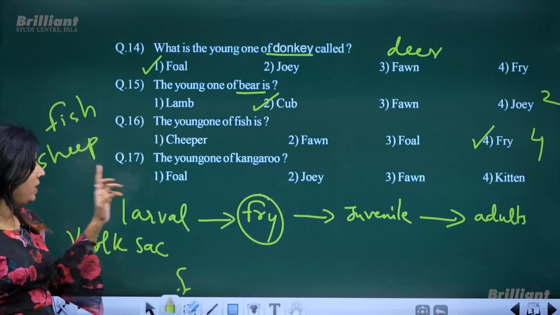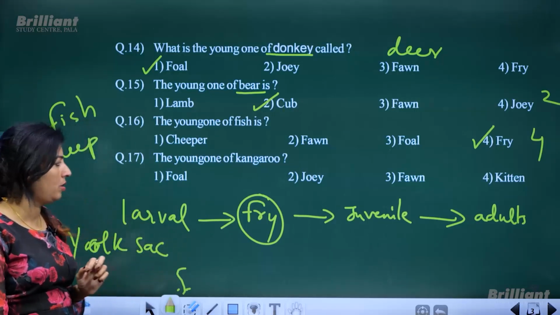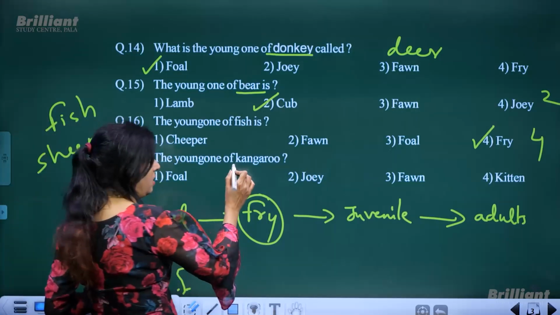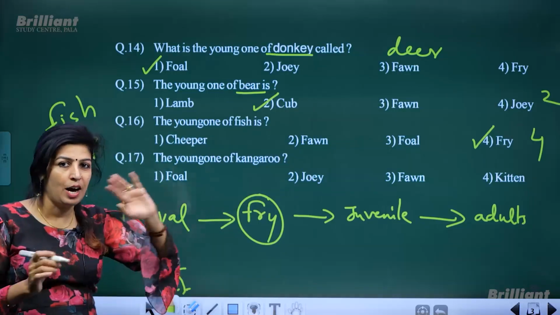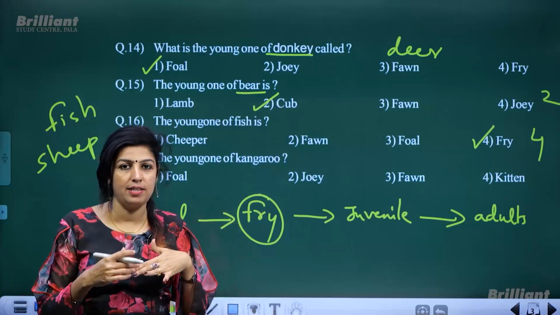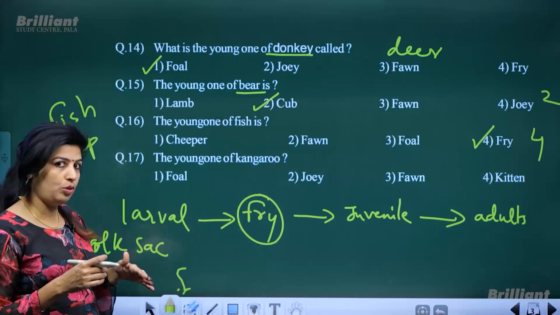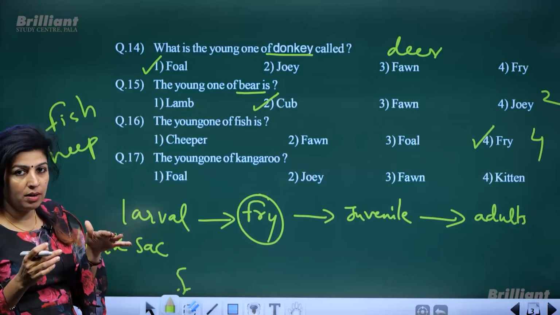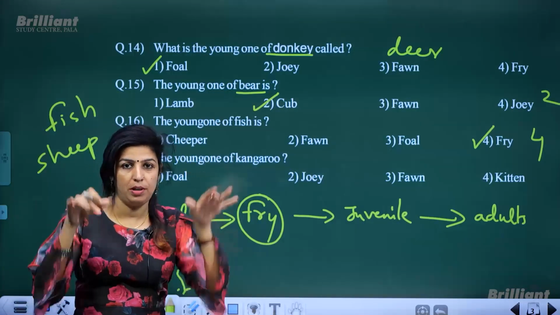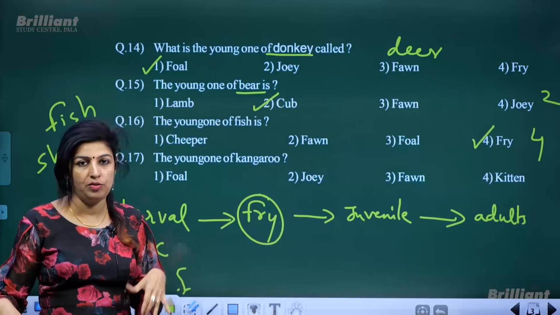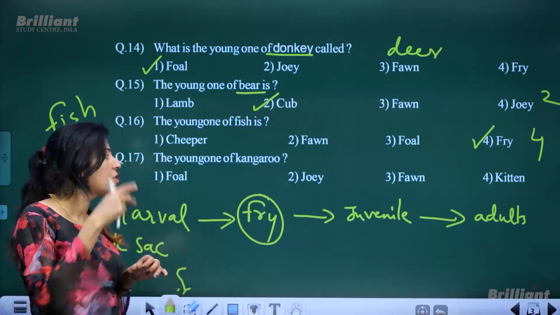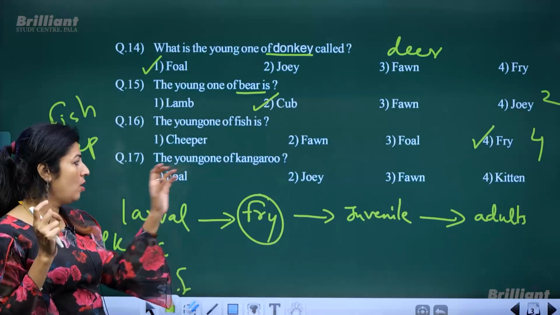The next is, what is the young one of a kangaroo called? Okay, that is our pronunciation, it's kangaroo. You know that creature, the kangaroo. In Australia we find kangaroos jumping, and there is the pouch in which it carries its babies, right? So what is a baby kangaroo called?